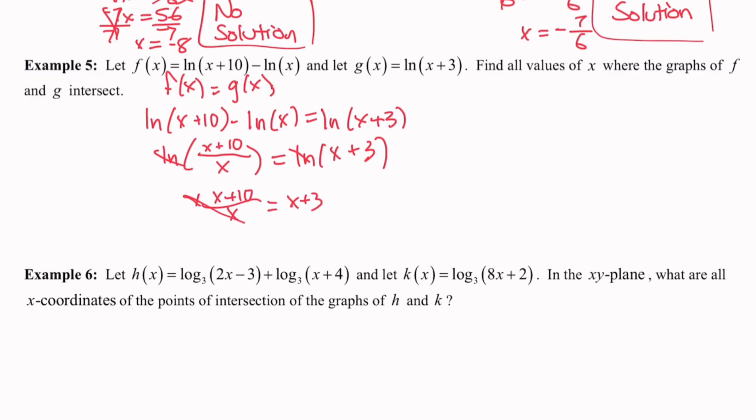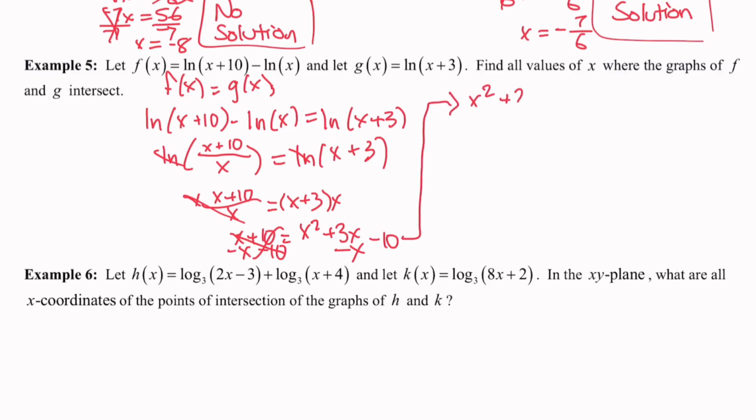I'm going to multiply each side by x. Looks like we have a quadratic here, x squared plus 3x. So I'm going to subtract this x and subtract 10. That gives us x squared. Actually, I'm going to move it to the top here so it makes more sense. X squared plus 2x minus 10 is equal to 0.